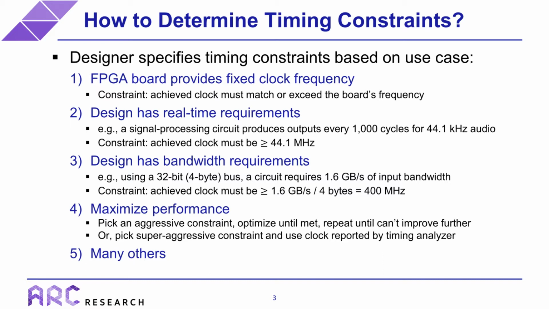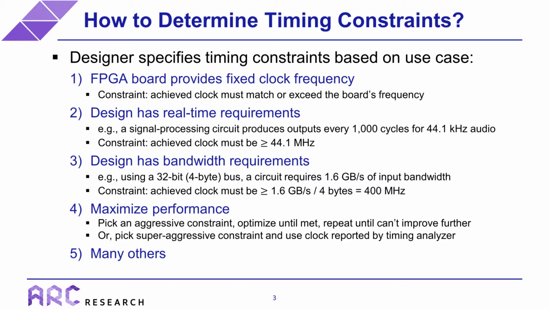So in this case, your timing constraint would be based off of that specific clock frequency. Essentially what you're doing is telling the synthesis tools that after placement and routing, I need to guarantee that my design can run at least at this specific clock frequency.